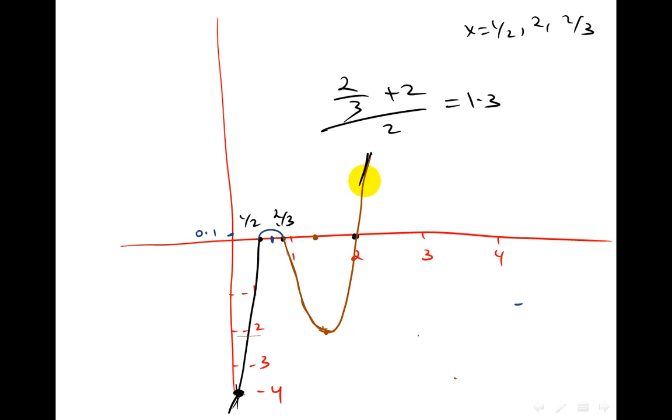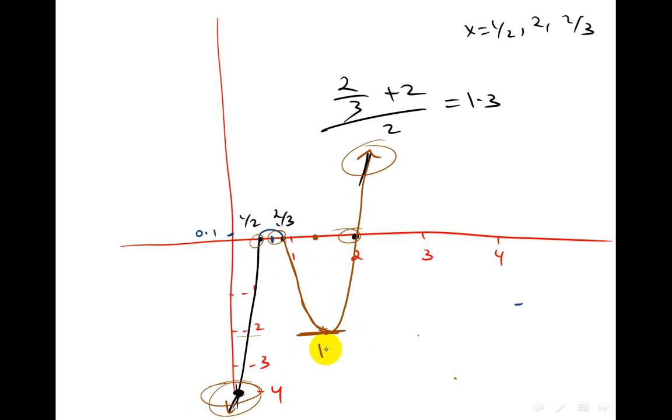So our graph looks like that. Here you can see that it's positive, it's going up at the end. It's odd because the two tips are in opposite directions. You have these 3 x-intercepts. Here you got your y-intercept. This is our local minimum point.